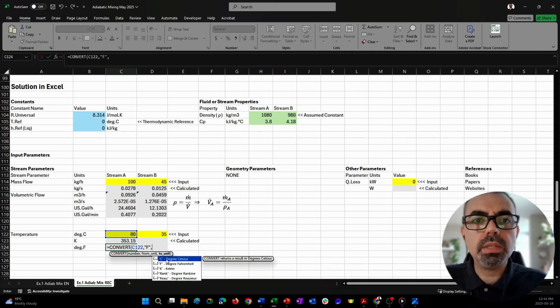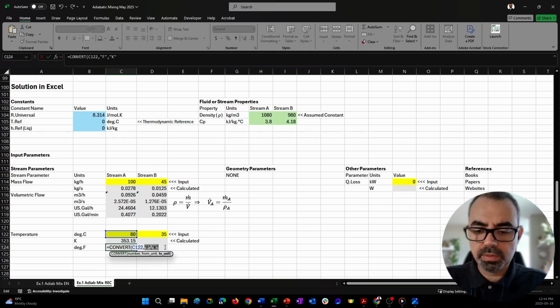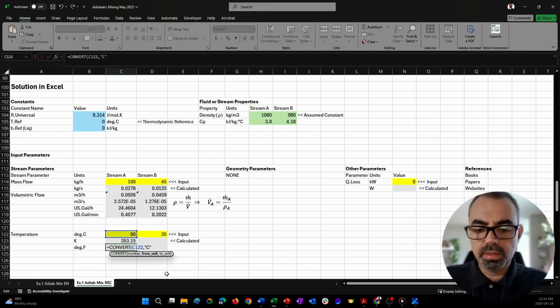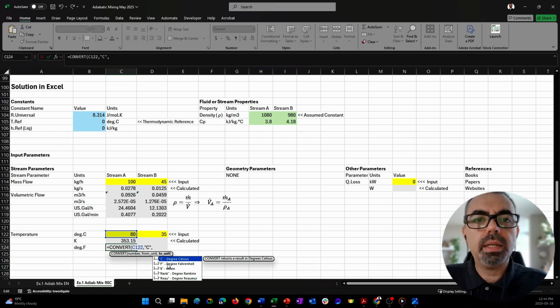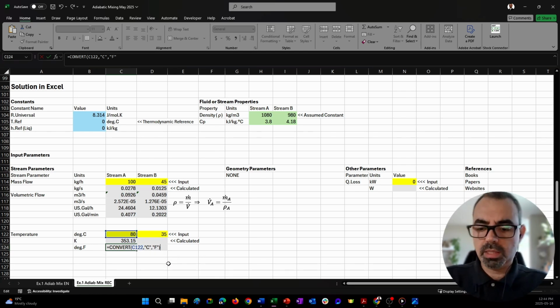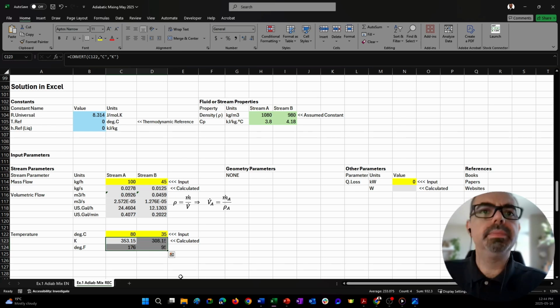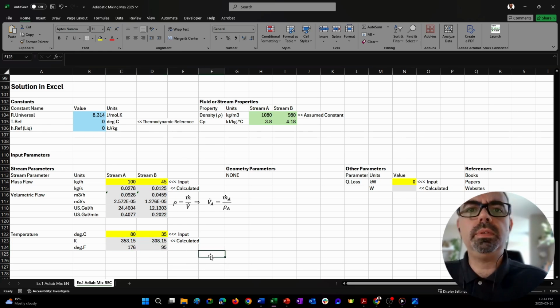Or, sorry, it's the other way around. I want to go from Celsius to Fahrenheit. And that's it. And then I replicate to the other. And that's it. I have the information.